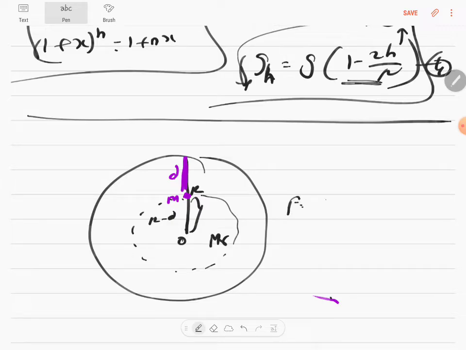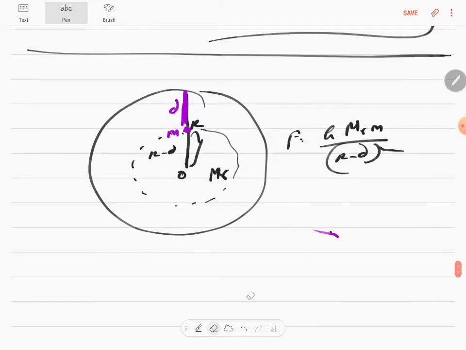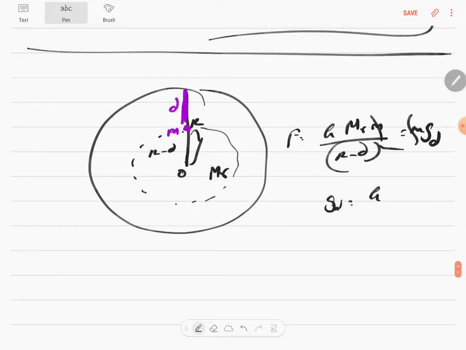So F is equal to capital G into Mr into small m by r minus d the whole square, which is equal to m into g at a particular depth. So m and m get cancelled, g at a particular depth is G into Mr by r minus d the whole square. But to find Mr, let's find the mass of the part which is interior to the small mass, for which you should know the unitary method.